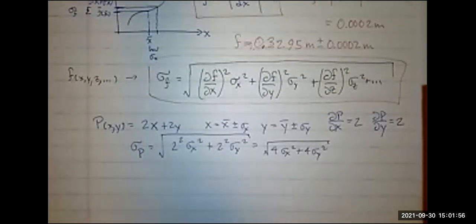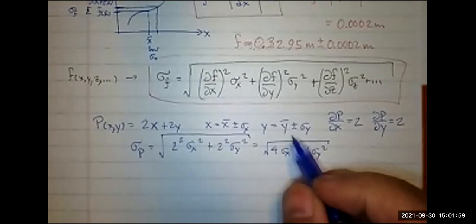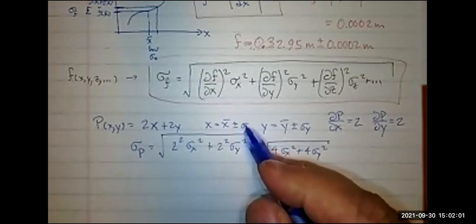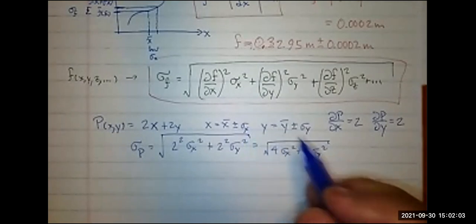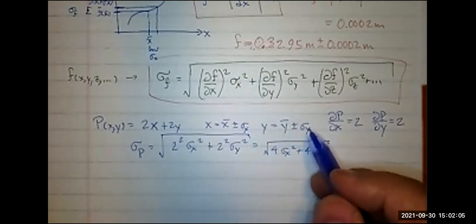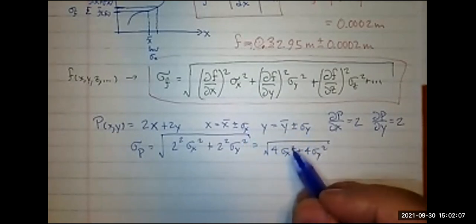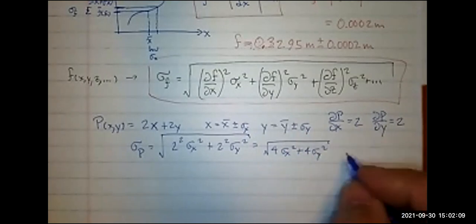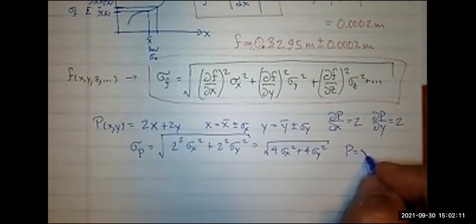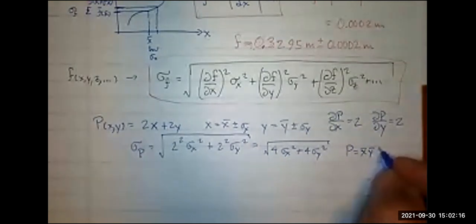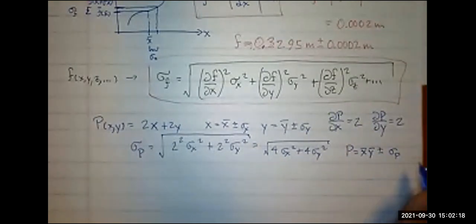That literally means you're going to take 4 and multiply it by this number right here squared, and then take 4 and multiply it by this number right here squared. You're going to add those two, take the square root, and then you can report P is equal to X bar, Y bar, plus or minus the sigma P you just calculated. Does that make sense?